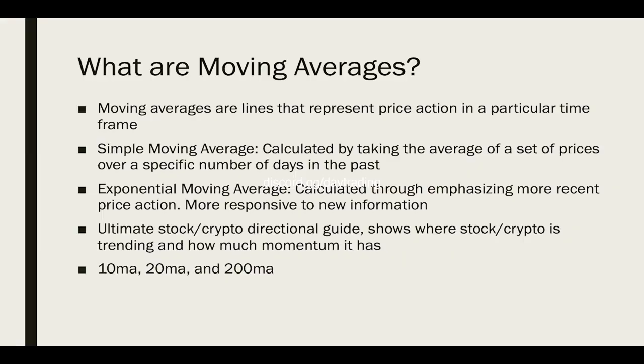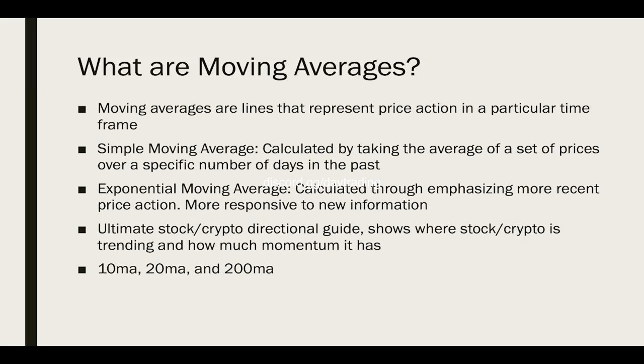Okay, it just weighs more recent price action heavier in the equation. And it doesn't really matter which one you use. You could use either, but just make sure you stay consistent with it. If you have the simple moving average, make sure you keep that across all of your charts. And if you use exponential, make sure you use the exponential on all of your charts.